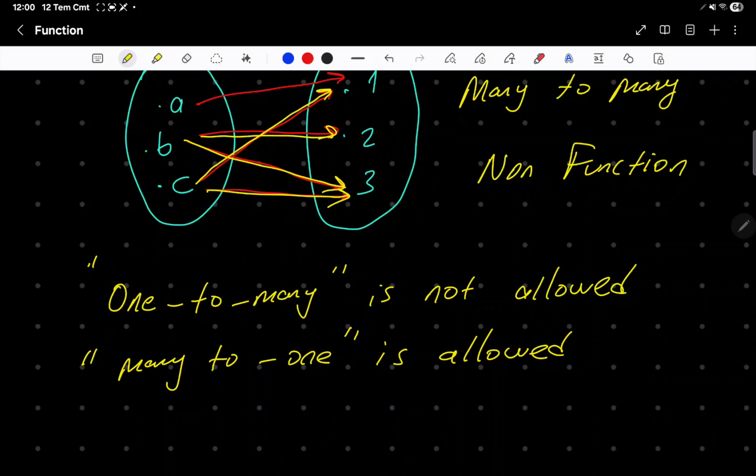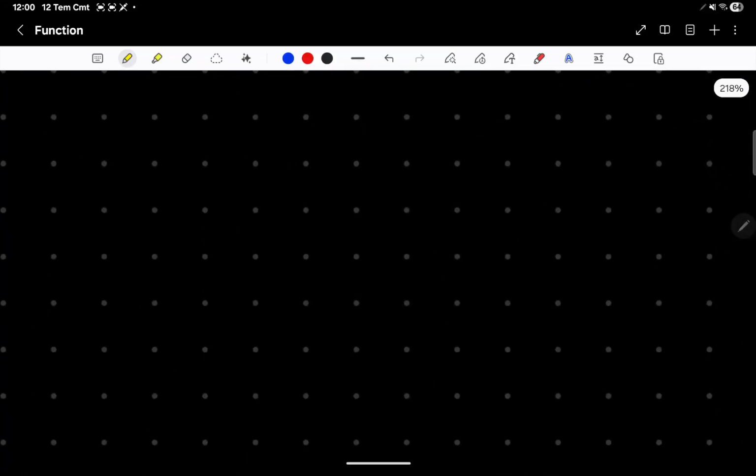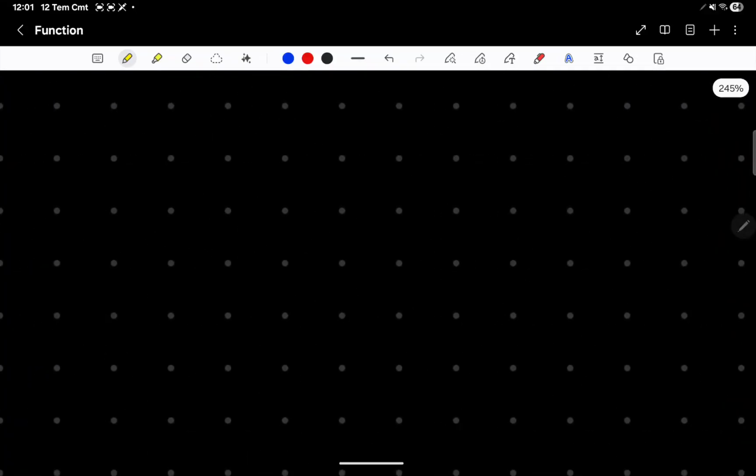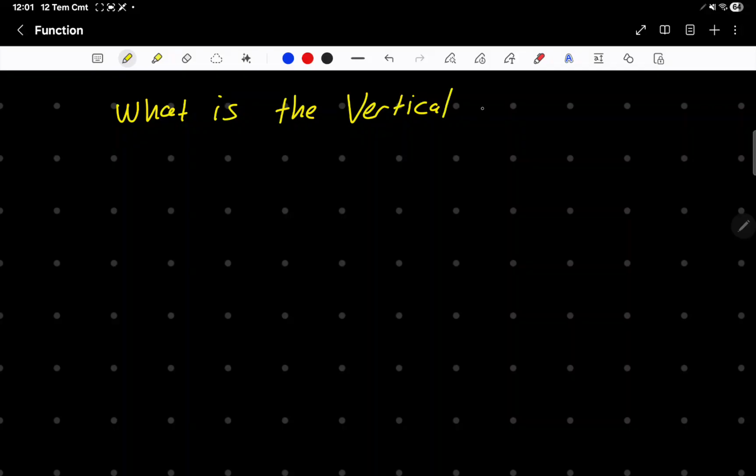What is the vertical line test? It is a way to check if a graph is a function.